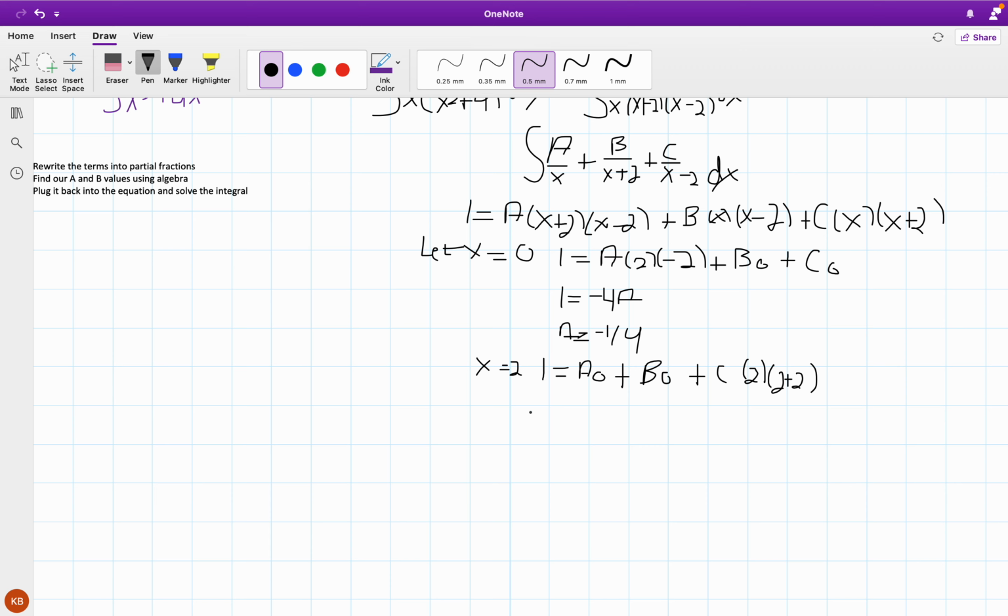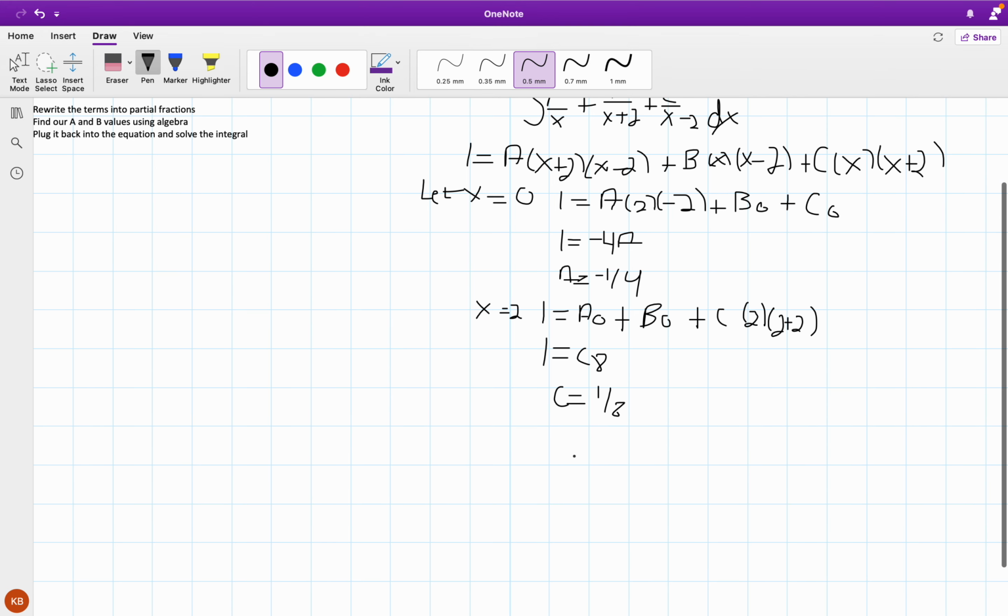So 1 equals C times 2 times 2 plus 2, which is 2 times 4, which is 8. So C equals 1/8.